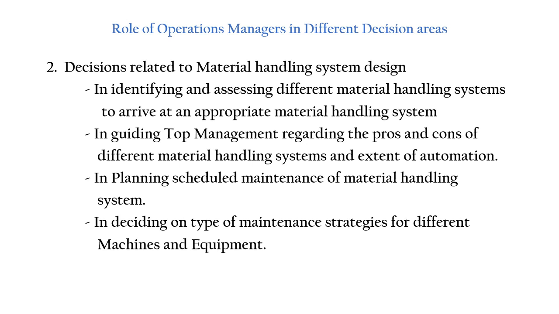So depending on the process, the product, the extent of automation, etc., operations manager will help or guide the top management to choose the appropriate material handling system, considering all the advantages and disadvantages of different material handling systems, and based on the extent of automation we are going to adopt in the organization.